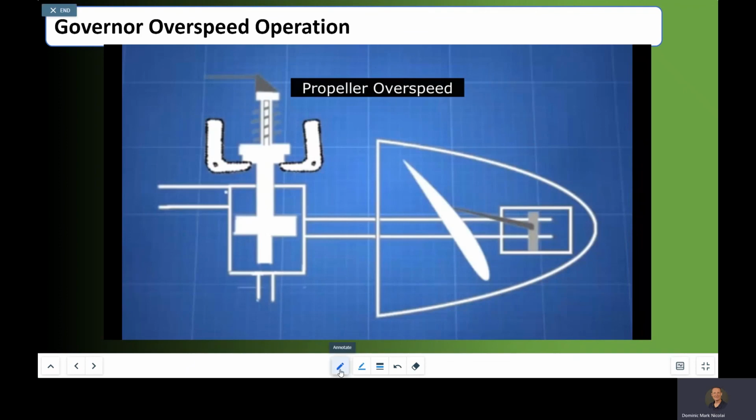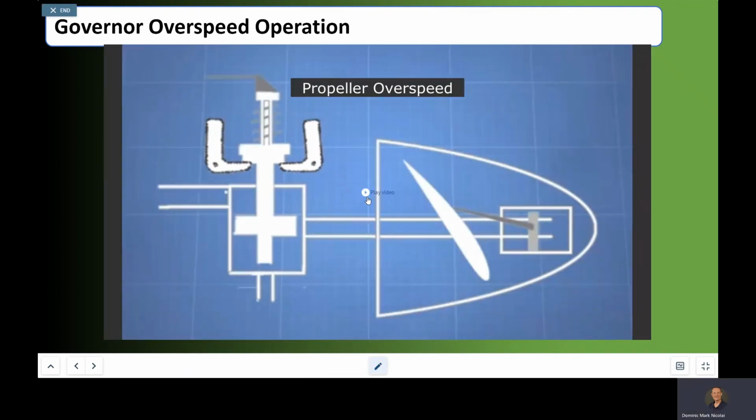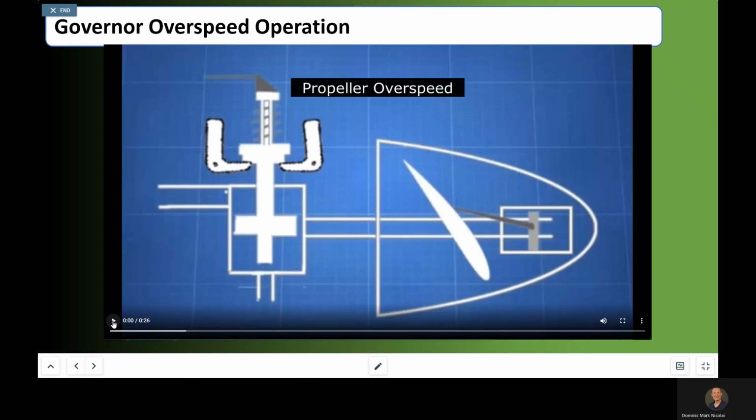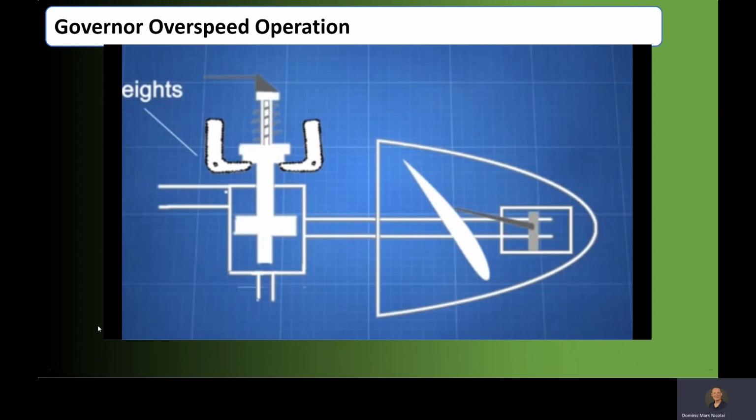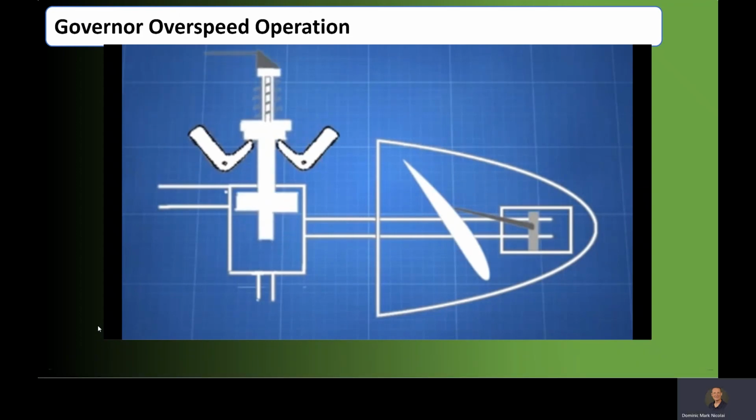All right, so just a quick little video here on propeller overspeed. We're recognizing the speeder spring, flyweights, and the pilot valve here. So let's just play this real quick. Propeller goes into overspeed. More centrifugal force than spring pressure on the flyweights. They move outward.